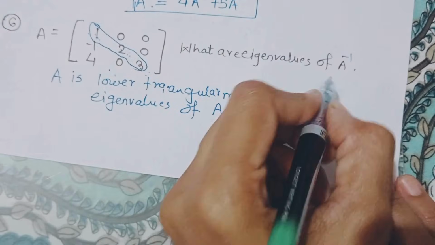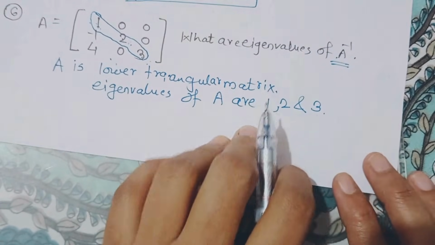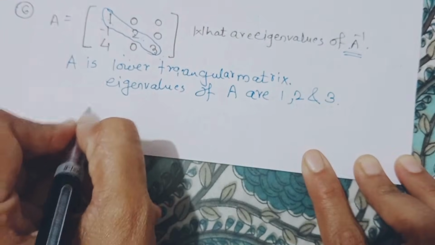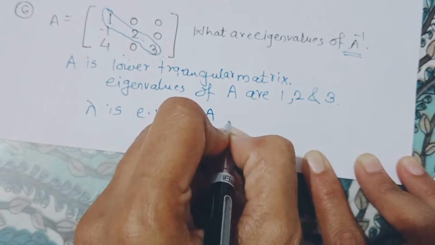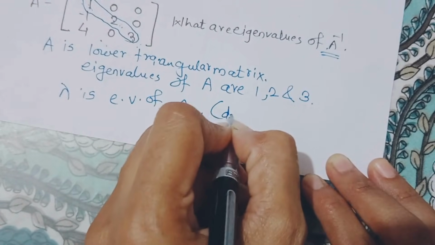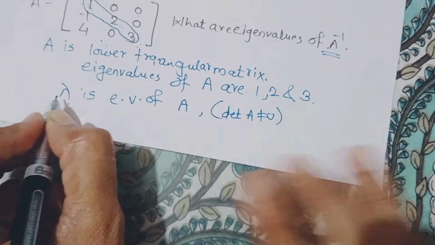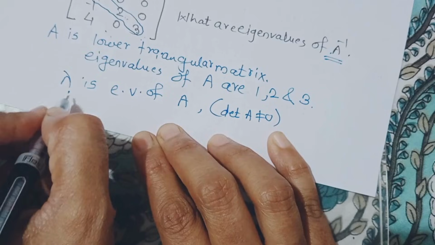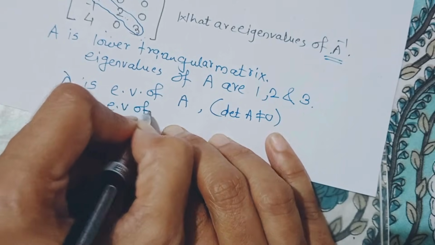We are going to find the eigenvalues of A inverse. So how to find the eigenvalues of A inverse? Again by a property: if lambda is an eigenvalue of A and A is non-singular, that is determinant of A is not equal to 0, then 1 by lambda is an eigenvalue of A inverse.